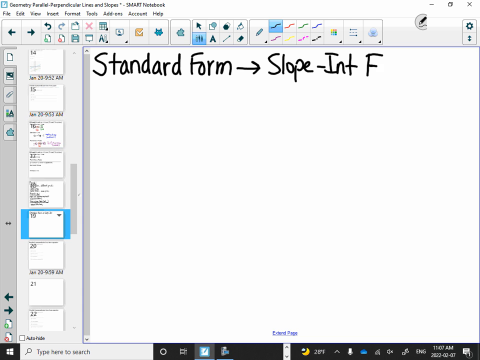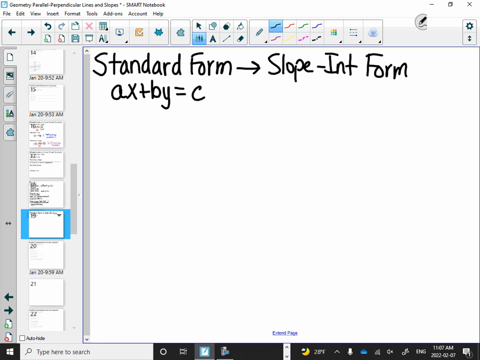This is going to help us out and do that. Now, got some examples over here. Okay. Remember, standard form looks like this.